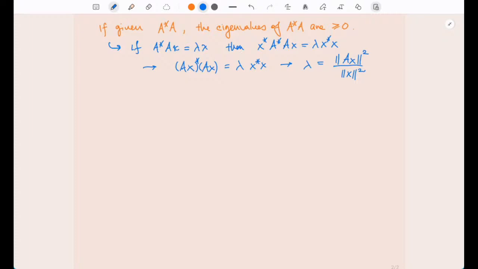Because we're just taking the dot product with itself, which is greater than or equal to 0. And this is an eigenvector, so it's not a zero vector. So we know that the eigenvalues are greater than or equal to 0. Put a box around that.